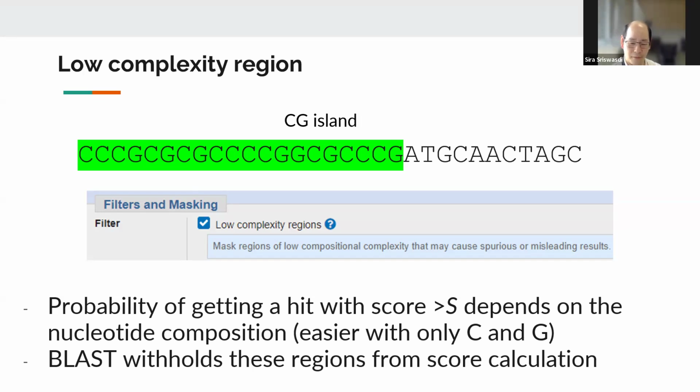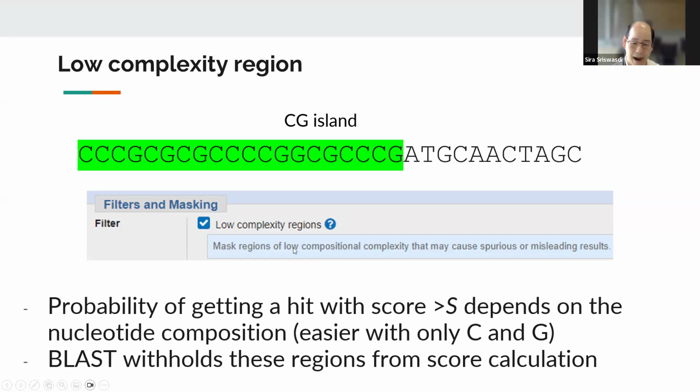So when you have a region that has very low complexity, a very skewed nucleotide distribution, you don't want to consider this in your scoring because it will bias the score toward higher numbers. So in BLAST, there's a default option that will be checked.